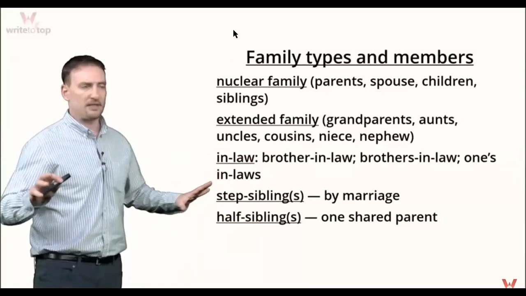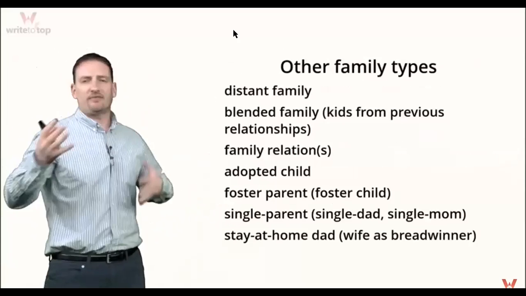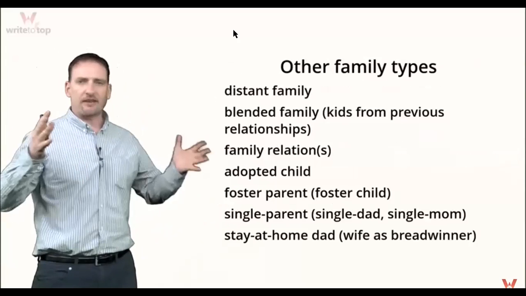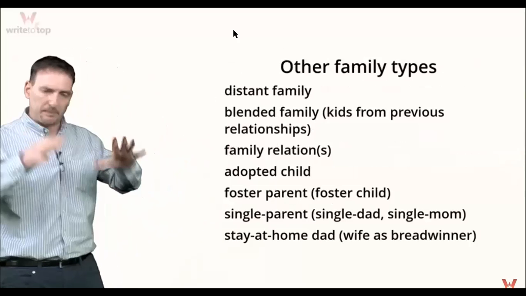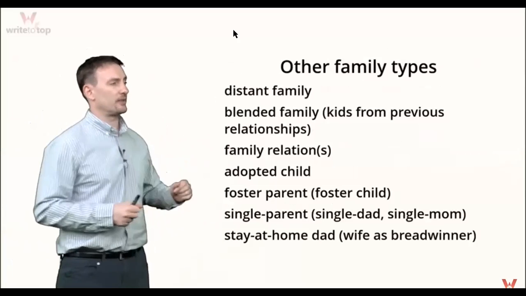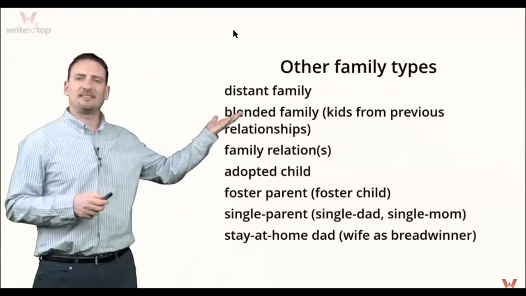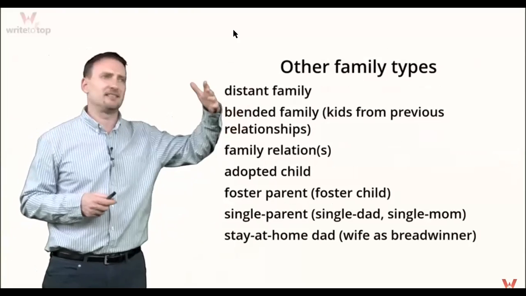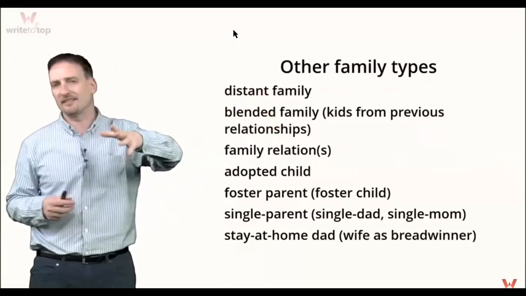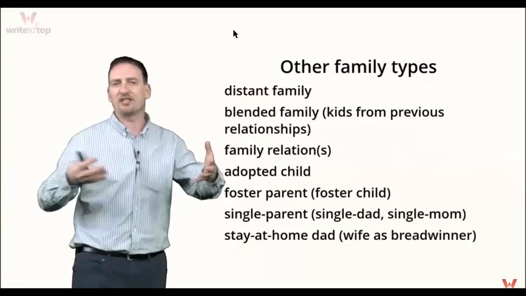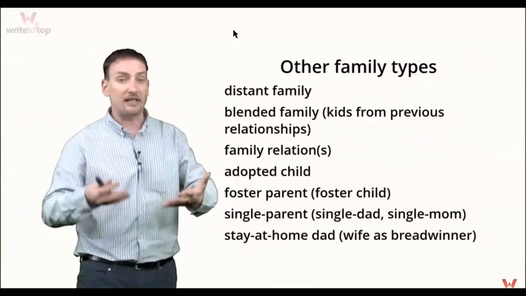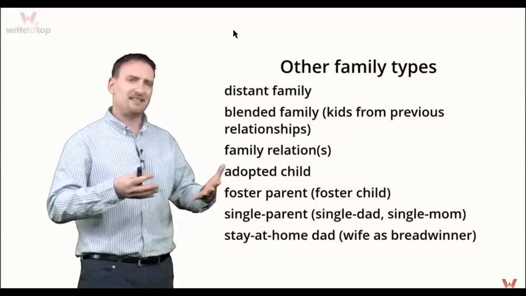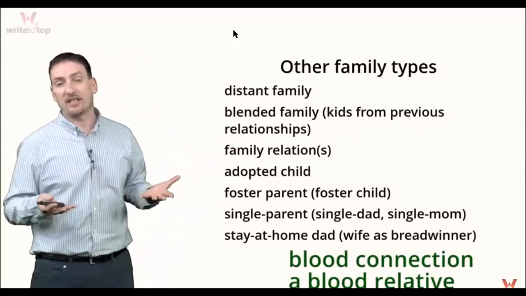So, family types. Now we have other words for other family members that are not immediate or extended, not nuclear or extended. When we talk about distant family, we mean a cousin's child or a cousin's cousin, some sort of blood relationship, but not really a close connection.